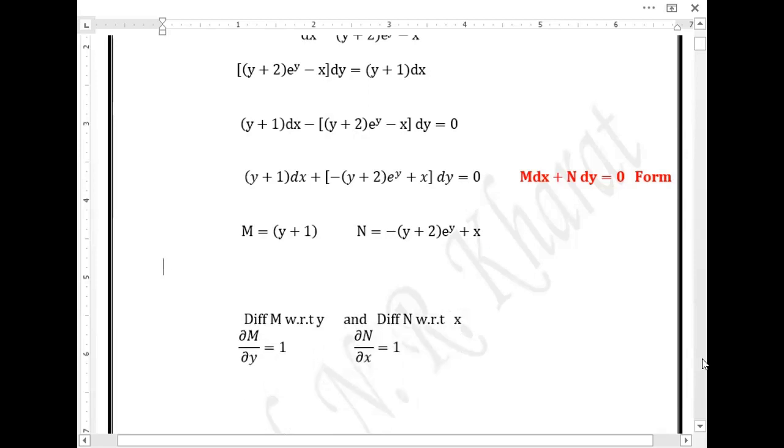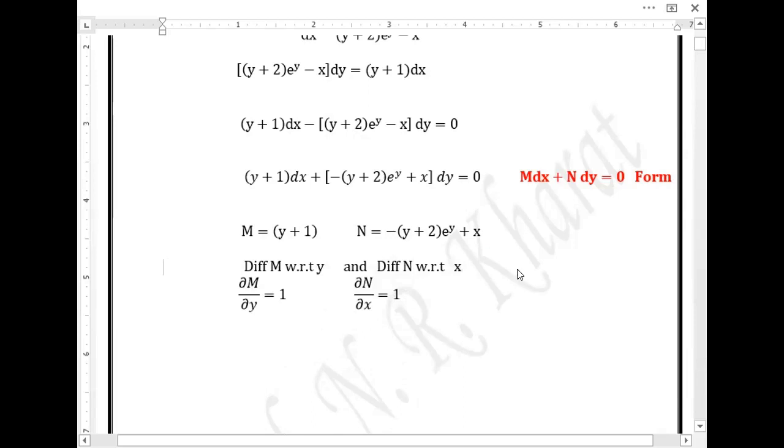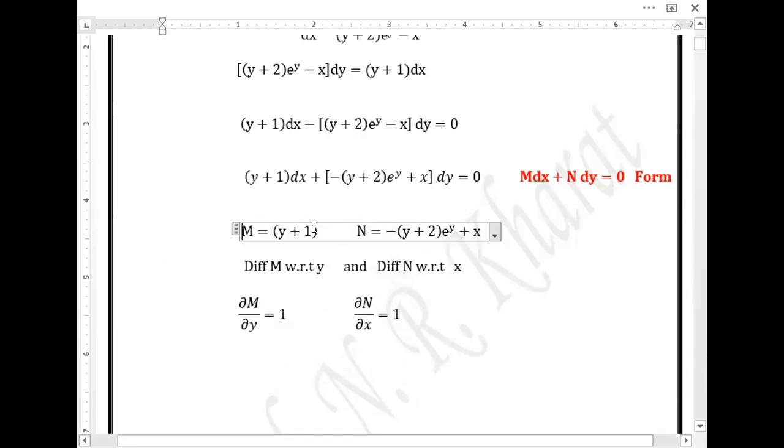Differentiating M with respect to y and N with respect to x, we get the derivative of M with respect to y is 1, because M contains y plus 1. The derivative of y with respect to y is 1, and the derivative of 1 is 0. So the derivative of M with respect to y becomes 1.